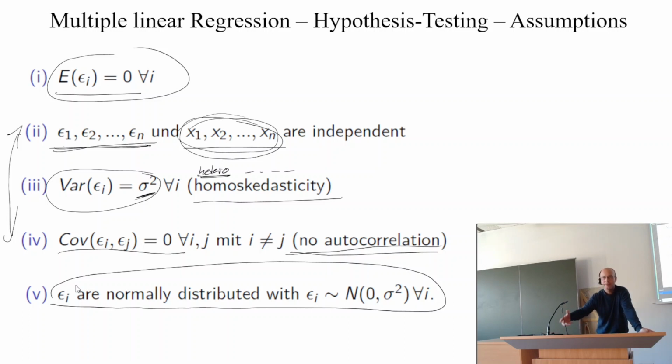And this means, well, if I have enough data, then although I do not know the distribution of my errors, I can say if I have a huge amount of data that approximately I will go into the direction of the normal distribution.